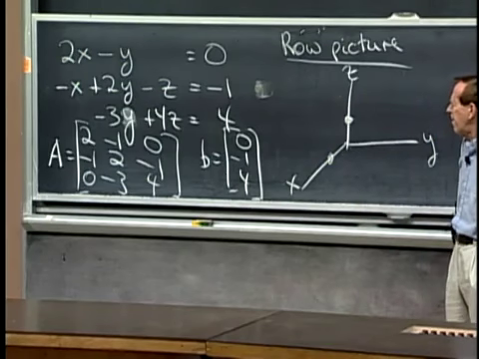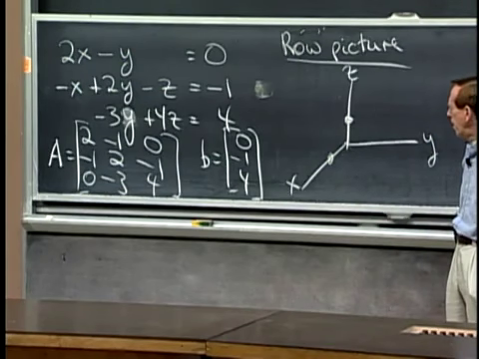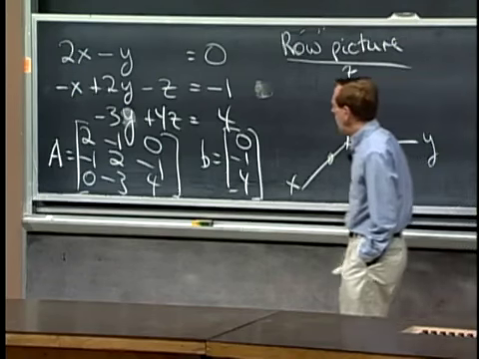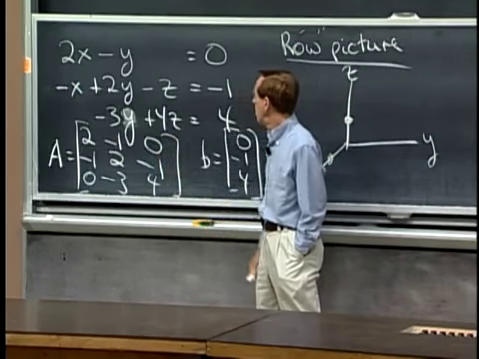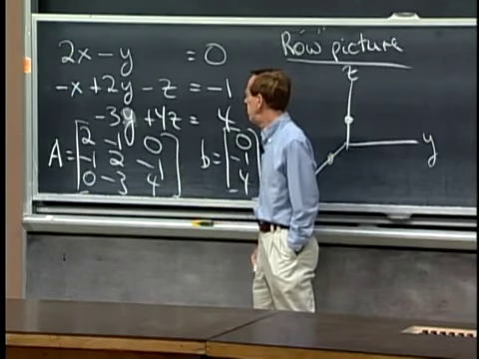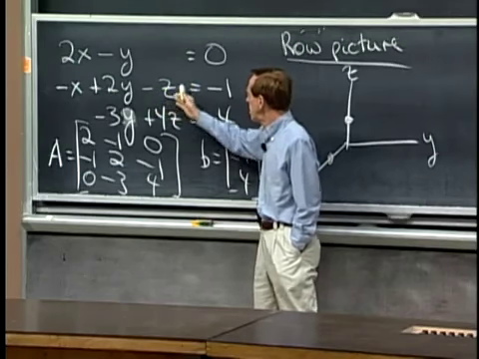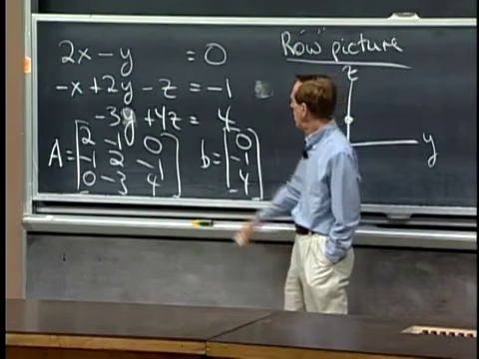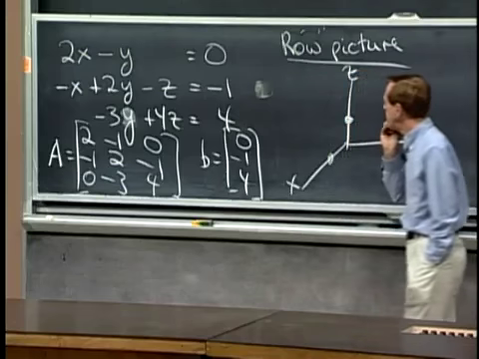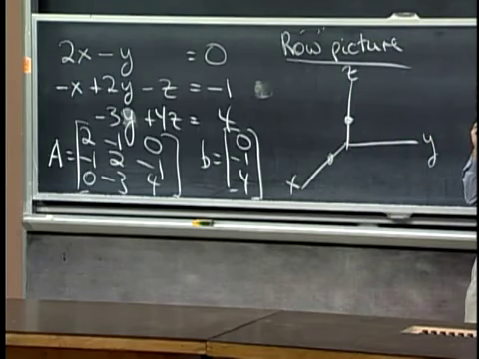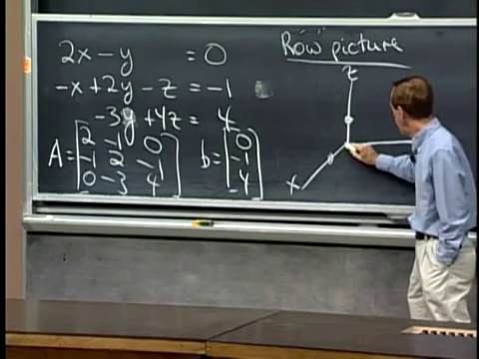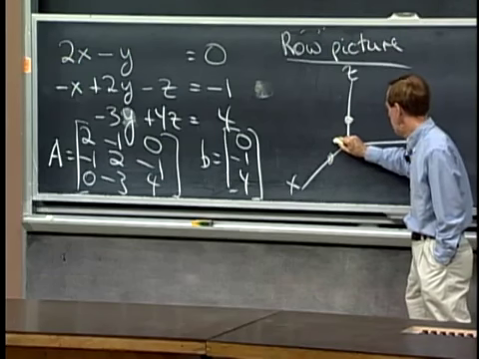And probably I want a third point here. Let's say x is 0 and z is 0, then y would be minus a half, right? So there's a third point. Somewhere, okay.